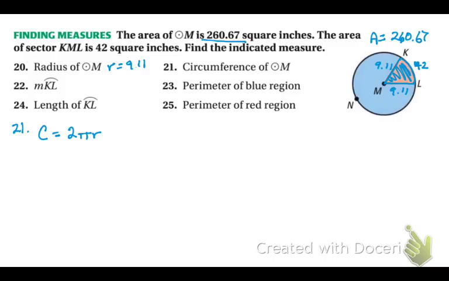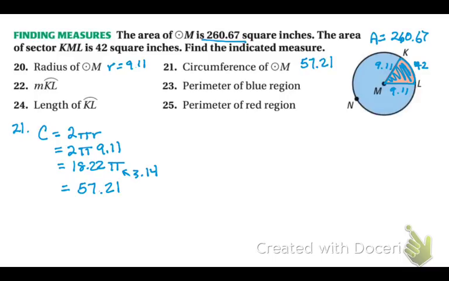So that's going to be equal to 2 pi times 9.11, which is 18.22 pi, or substituting 3.14 for pi, 18.22 times 3.14 is equal to 57.21, more or less. So our circumference, our length around the circle, is 57.21 inches. I think these are all inches. So 2 down, 4 to go.